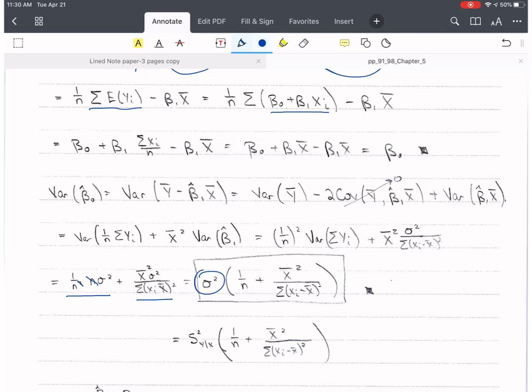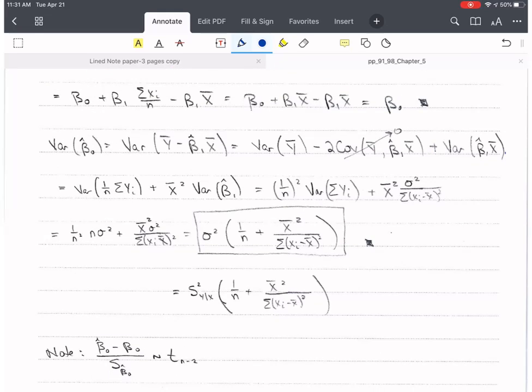We can factor out the sigma squared from both terms, and we end up with this expression. So this is the expression. I don't expect you to memorize it at all, of course. Even if we were having tests, I wouldn't expect you to know the equation. But if we were doing tests, you might have to derive this, but we're not doing tests, so you're safe.